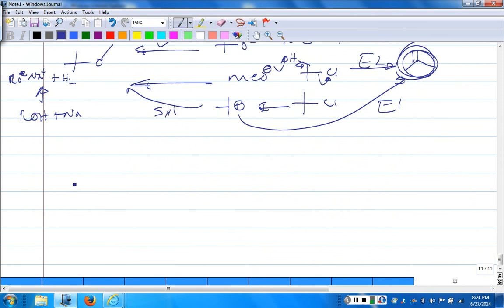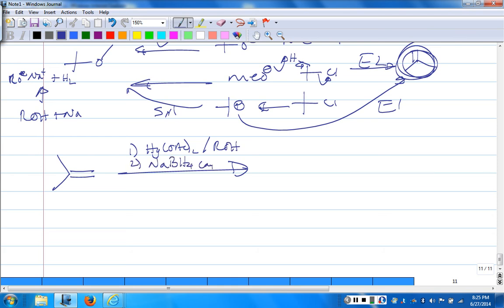I can make an ether if I start off, for example, with an alkene, and I treat that with mercuric acetate. This should be familiar. In an alcohol, followed by aqueous sodium borohydride, right? So we typically do this reaction with the mercuric acetate in water, followed by aqueous sodium borohydride to do Markovnikov hydration.